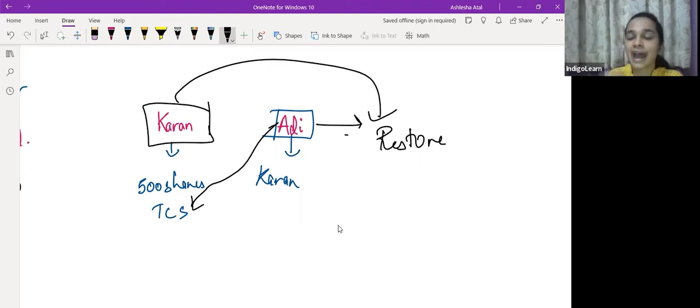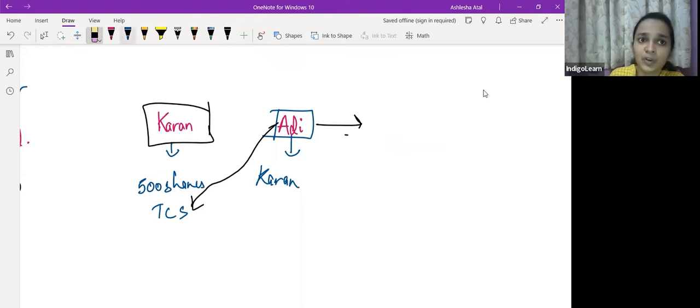Now let's add something to this example. Adi's name has been entered in the register of members on the basis of this forged transfer. And Adi further makes a sale of the shares to his friend Simi.